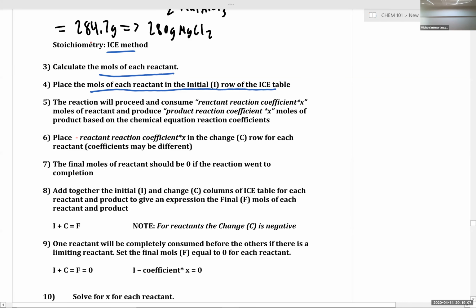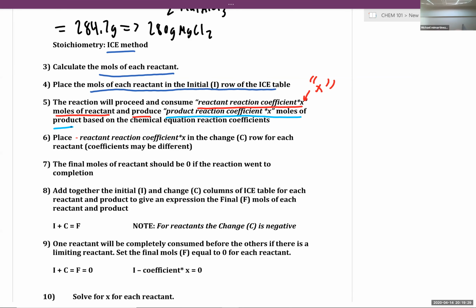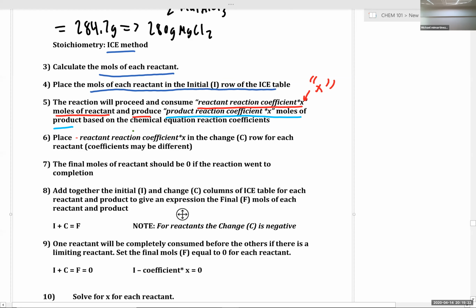Now, the reaction will proceed and consume, quote unquote, X. So it will consume X moles of reactant and produce a multiple of X moles of product. And the exact multiple of X is based on the chemical equation reaction coefficient. So depending on your coefficients, you'll consume different amounts of reactant and produce different amounts of product.